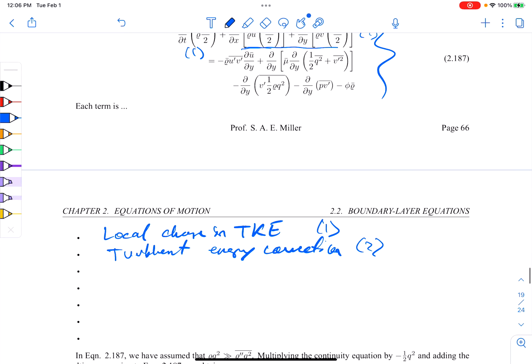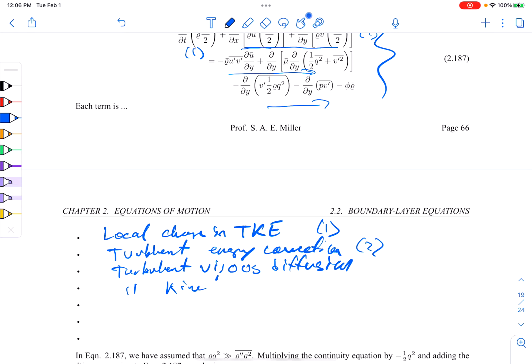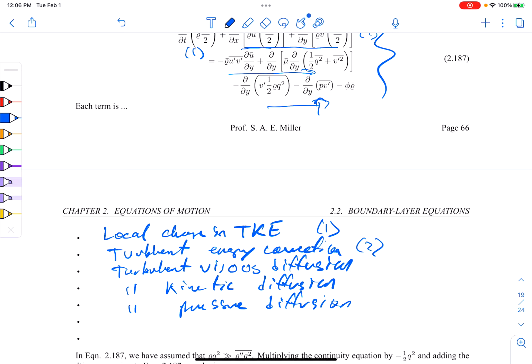And now on the right-hand side, going from left to right in this direction, the 4 terms are the turbulent viscous diffusion, the turbulent kinetic diffusion, the turbulent pressure diffusion, that's this term here, and finally the turbulent energy dissipation.